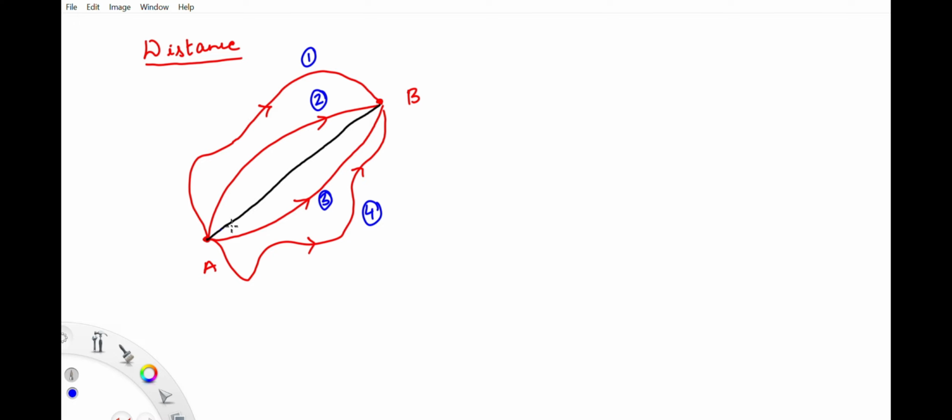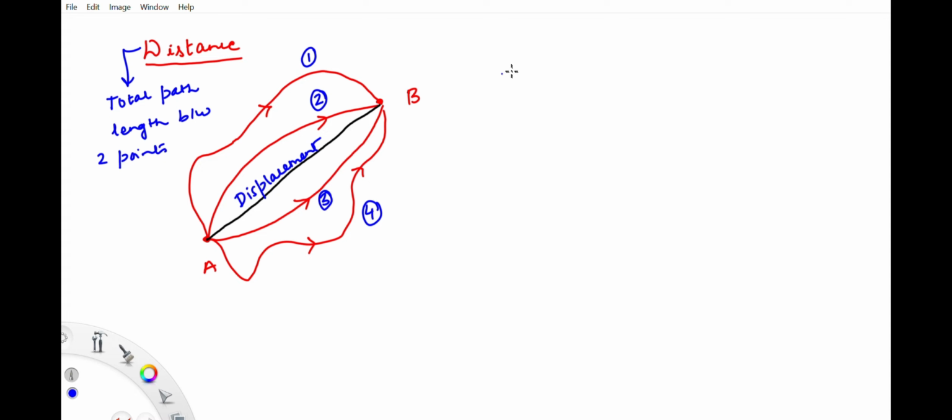And you must be wondering, I have drawn a black line over here between the points A and B, because this black line was nothing but the shortest path between points A and B. And this shortest path is called displacement. Distance, on the other hand, is the total path length between 2 points.